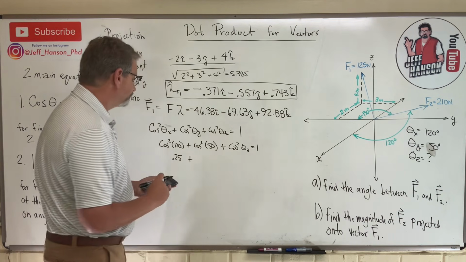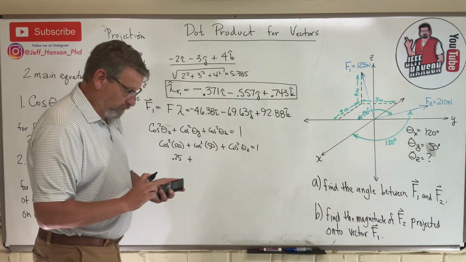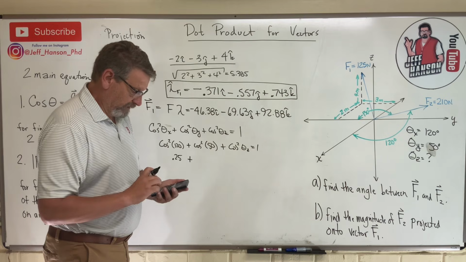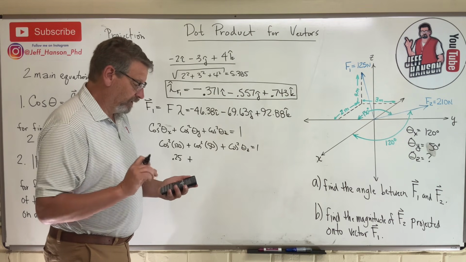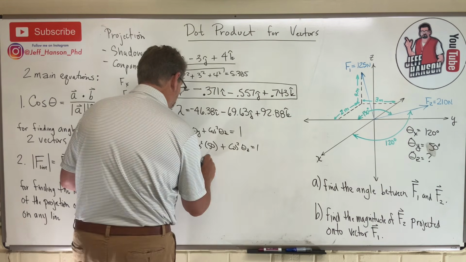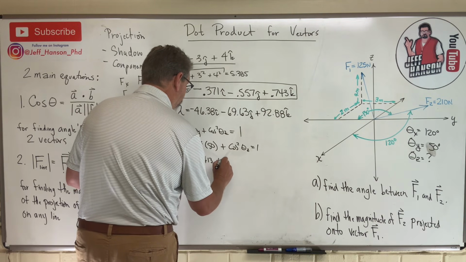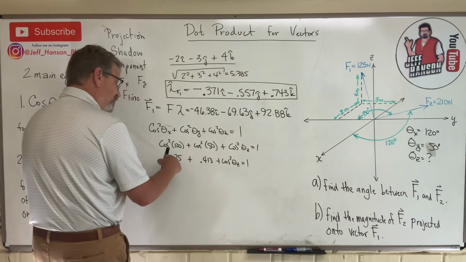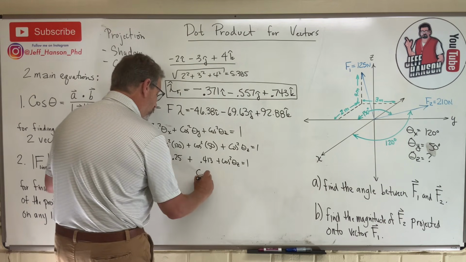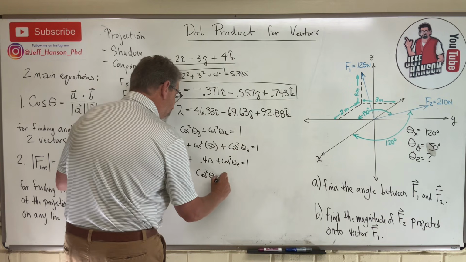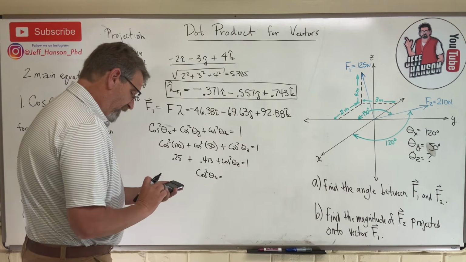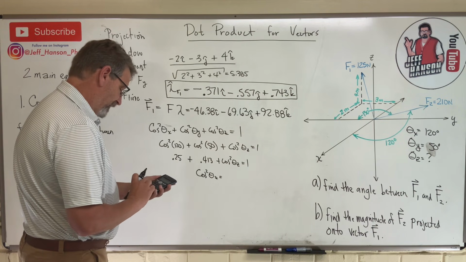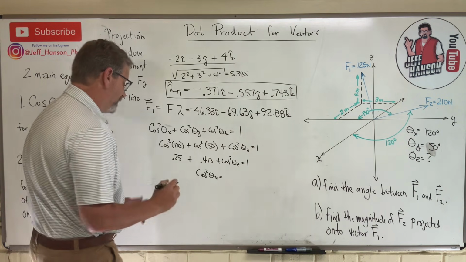Plus cosine of 50 is 0.643, and then I got to square that, which equals 0.413, plus cosine squared theta z equals 1. Let's subtract that junk off of 1. So cosine squared theta z is equal to 1 minus 0.413 minus 0.25, which equals 0.337.